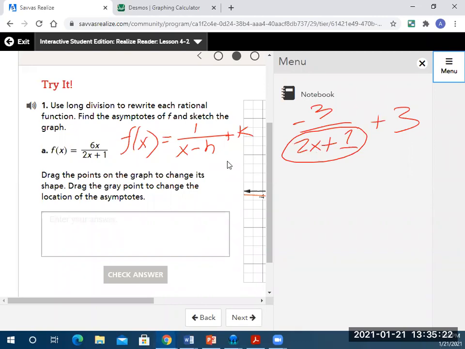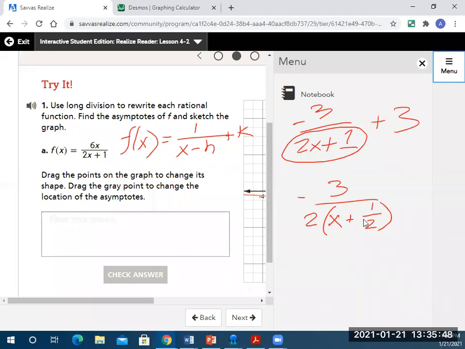So how do I factor out the 2x? I'm going to divide them by 2x, right? So now I have -3 over, I'm factoring out the 2, and in parentheses, what is 2x divided by 2? X. And then what is 1 divided by 2? Plus 1/2, right? So now this is h. Does everyone see that?